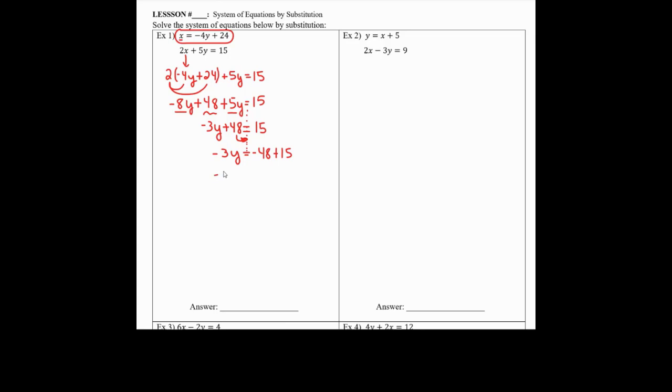Now we have negative 3y on this side. And negative 48 plus 15 is negative 33. To get the y alone, we divide both sides by negative 3. So y equals 11.